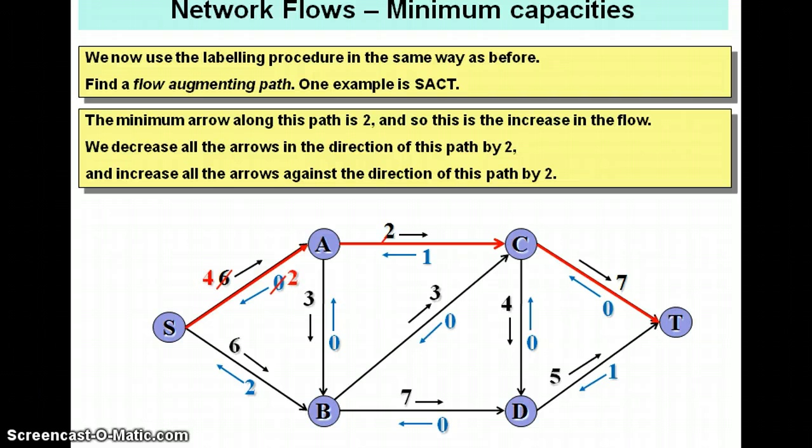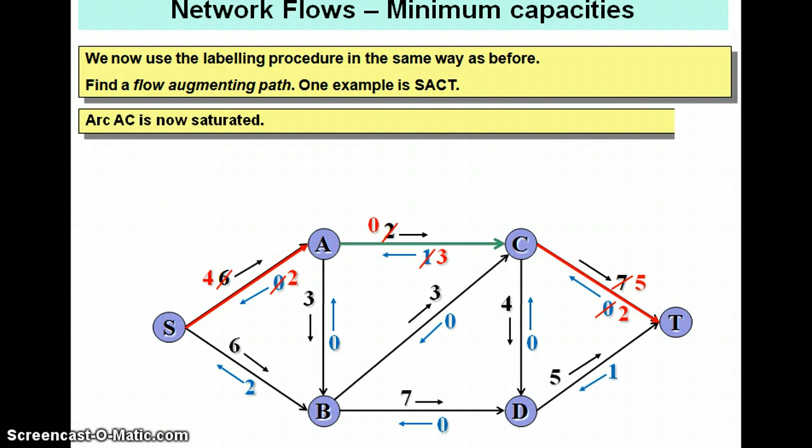We then decrease the excess capacities by 2 and increase the potential backflows by 2. Do the same for other augmenting paths, noting here that AC is now saturated, so indicate that.